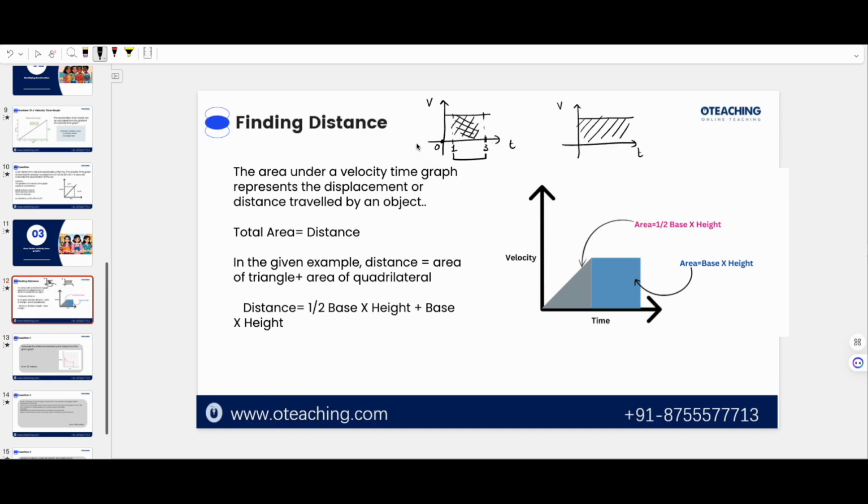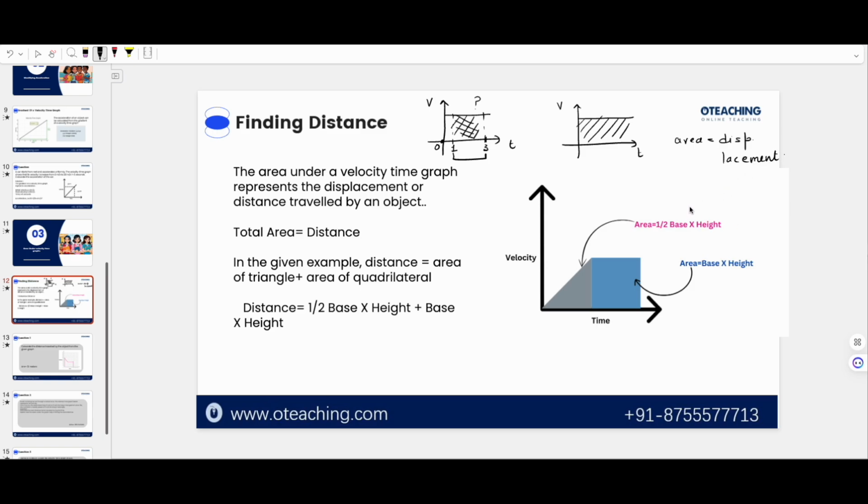Now the question is, what is this area going to give me? Do remember that we have the speed time graph and the velocity time graph. Because we are discussing the velocity time graph, the area under the velocity time graph will give you displacement.